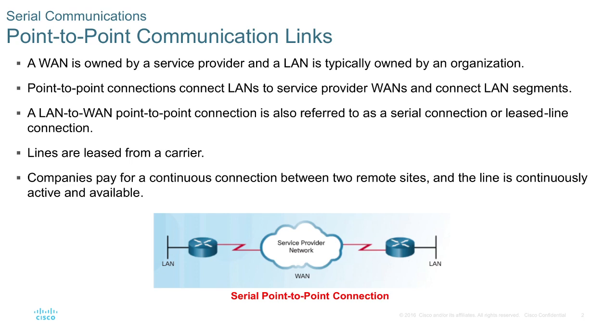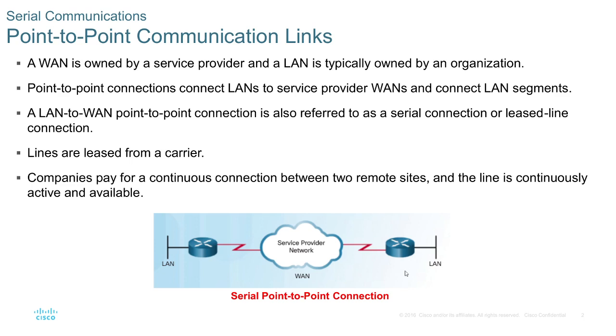When we think about the wide area network part, which is owned by the service provider, and the local area network part, which is owned by the organization or the enterprise that we are working with, the point to point network will be about connecting these two LANs, and the in between connection is what we are going to get from the service provider.